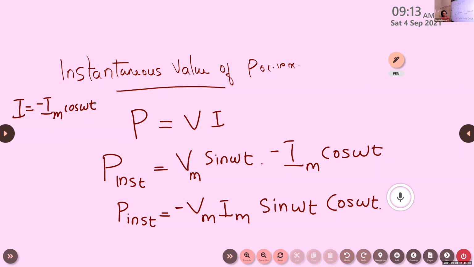But for the derivation of the instantaneous value of power, we take the actual value that is generated in an inductor when connected to an AC voltage source. That is why we take the same value here, I is equal to minus Im cos omega t. So the expression becomes P instantaneous is equal to minus Vm Im sine omega t cos omega t.